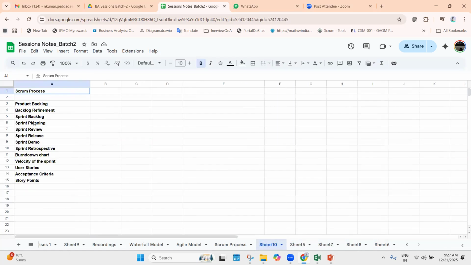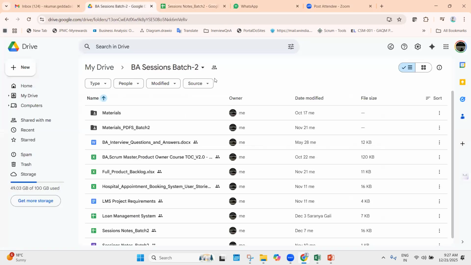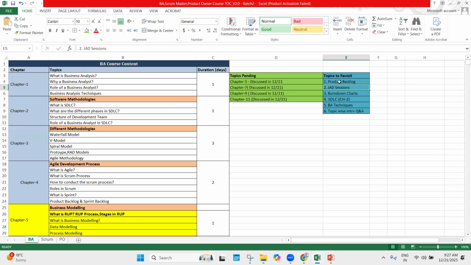I think product backlog is already discussed, and we can go through the recordings. Chart sessions we will see, and burn down charts we will see, and SDLC chapter 2. This will also not take much time.